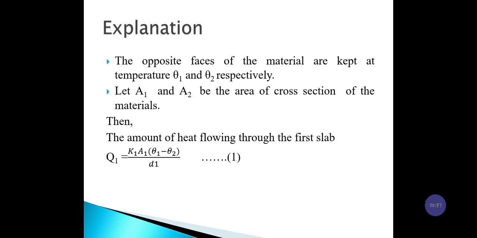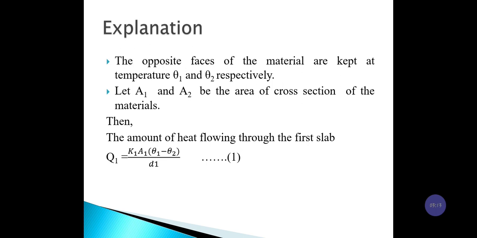We already know K1 is the thermal conductivity of slab 1, A1 is the area, theta 1 and theta 2 are the temperatures of the two slabs, and D1 is its thickness.